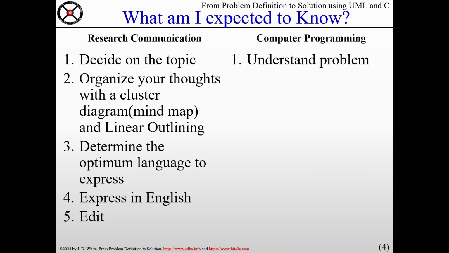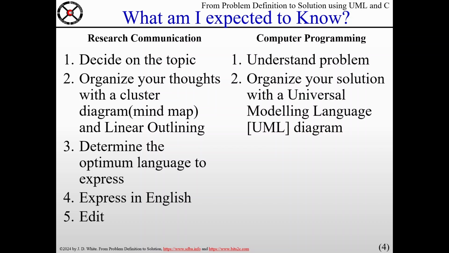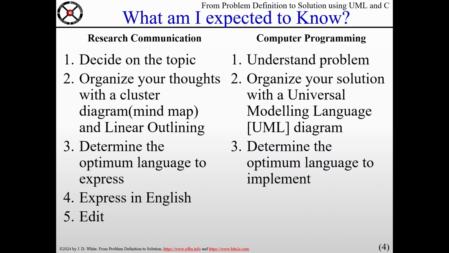Once we understand the problem, we need to organize a solution. This is where we use Universal Modeling Language diagrams. Okay? Then we determine the optimum language to implement our solution in. Okay? It may be ANSI C. It may be Java. It may be Python. It might be JavaScript. Okay?